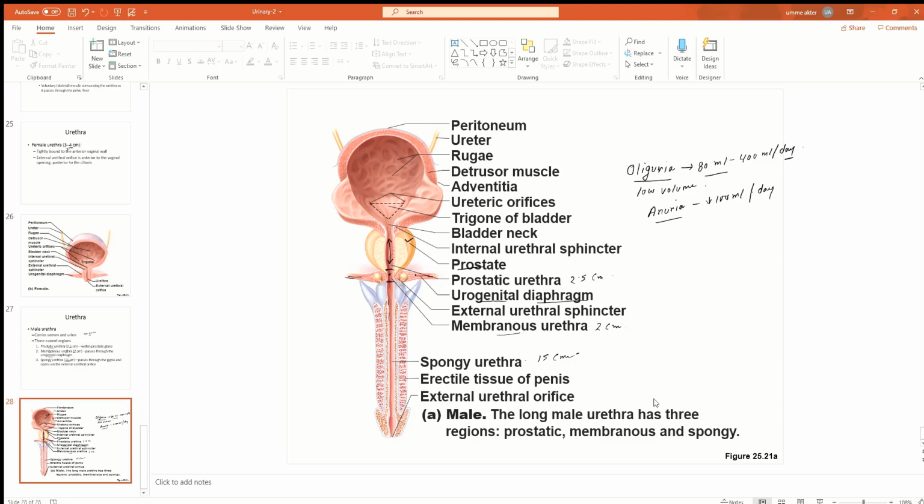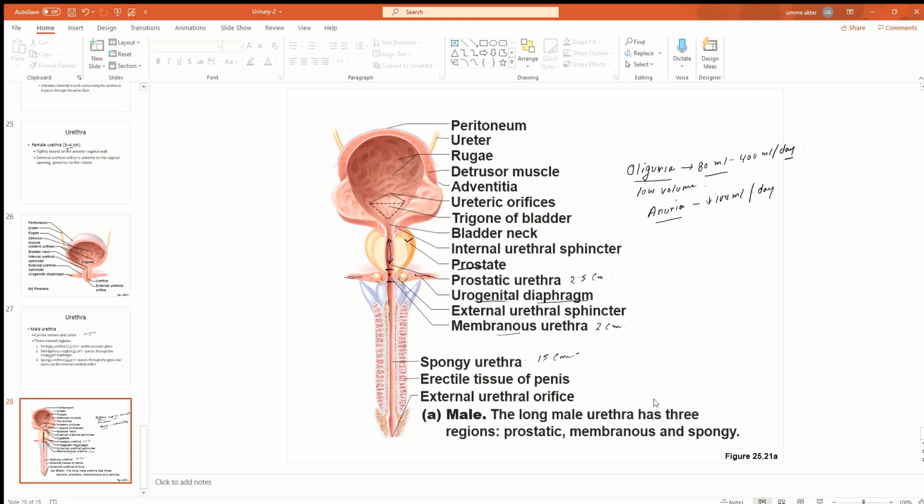So this is the end stage of kidney disease. If you cannot treat it, the patient will die, because urine excretes the toxic chemicals, right? Ammonia, urea, uric acid, and other toxic chemicals. If urine cannot get out from the body, the toxic chemicals will quickly build up in the body, and that will cause the failure of the other systems of the body.